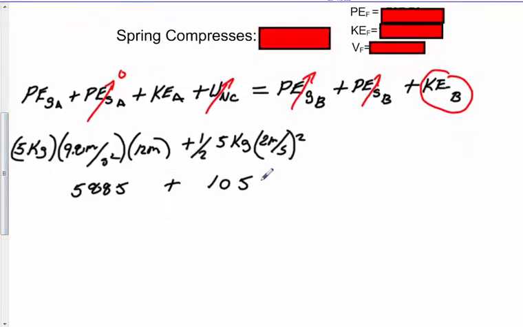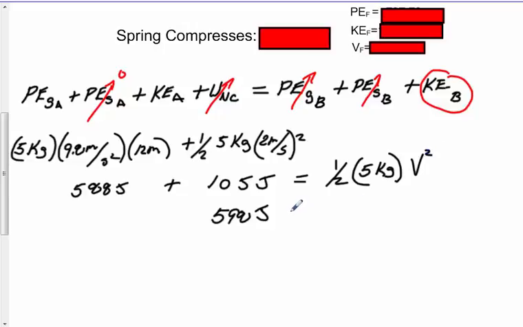I'll come back down here and put the joules in. We set that equal to my kinetic energy. If I add that, that's going to be equal to 598 joules. So I'll put that 598 joules and set it equal to 1/2 times my mass times my velocity squared. So I'll make this 2.5 kilograms times velocity squared.